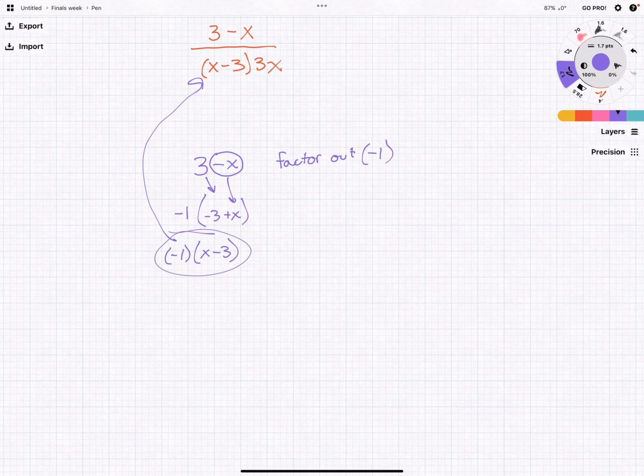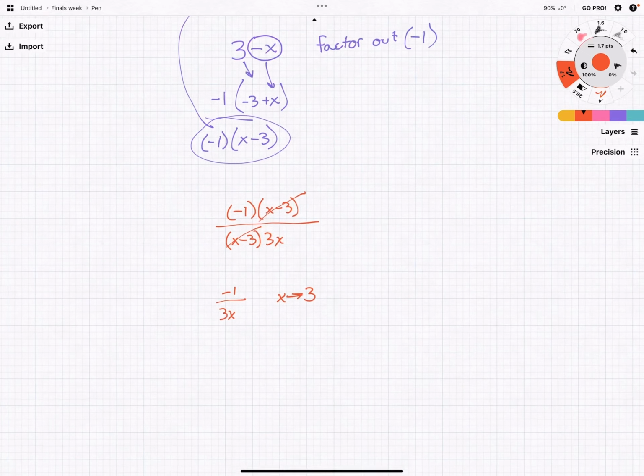So let's rewrite this now. Now we have negative 1 times x minus 3 all over x minus 3 times 3x. Now we can cancel out the numerator and denominator there. And now we're left with negative 1 over 3x as x approaches 3.